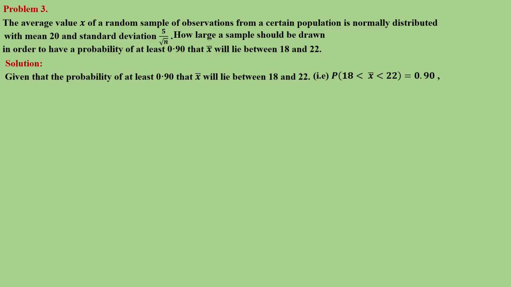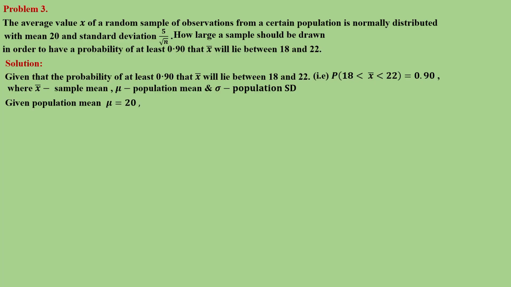Here x bar is the sample mean, mu is the population mean, sigma is the population standard deviation. Given the population mean mu is equal to 20, normally distributed, and its standard deviation sigma is 5 by root n.